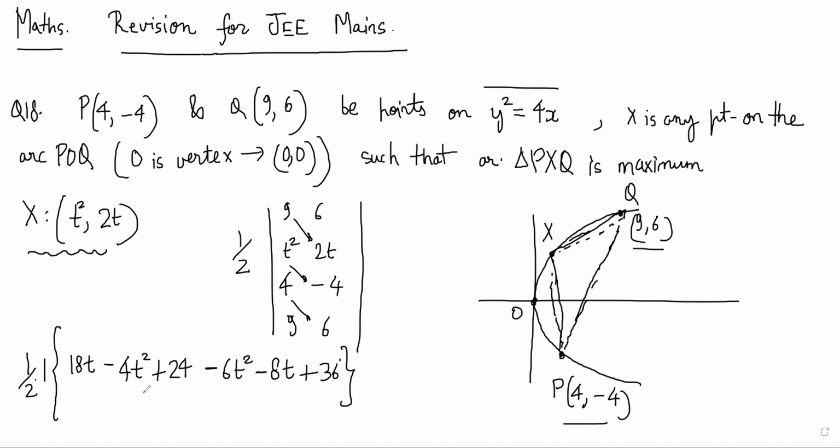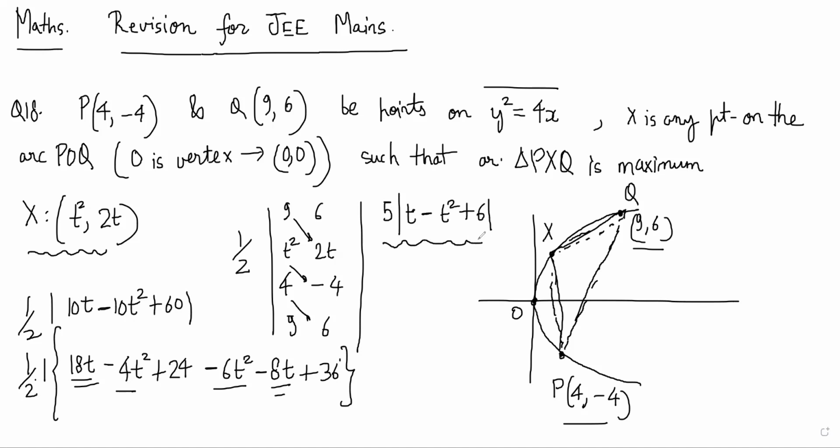It will become minus 10t square plus 10t plus 60, and half of mod of this. So 10 can be taken outside, it becomes 5 times mod of t minus t square plus 6, right?